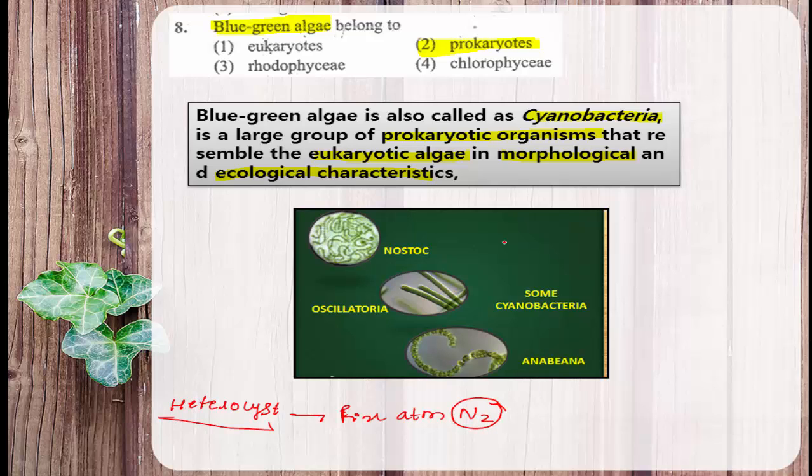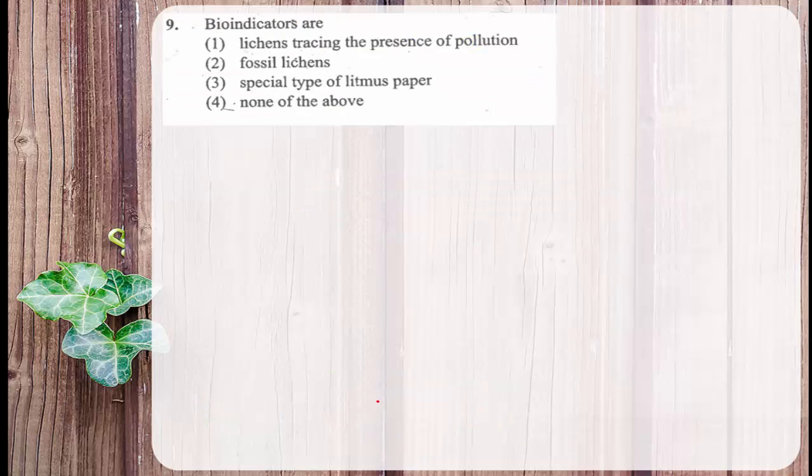That is why the members of cyanobacteria are used as biofertilizers, as they have capacity to fix the atmospheric nitrogen. They are used as biofertilizers. This is the speciality of members of cyanobacteria. Then moving to the next question.